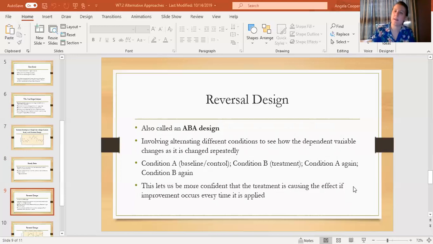Like I said, this is about how you see how the dependent variable changes when you have this alternation between the control, or the baseline. Remember that steady state I mentioned: getting consistent, normal numbers, the consistent, normal amounts of time they display this behavior. Then we'll throw in our treatment, whatever that may be, depending on the behavior they're trying to reinforce or extinguish.